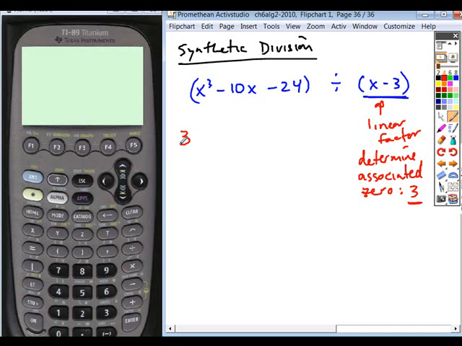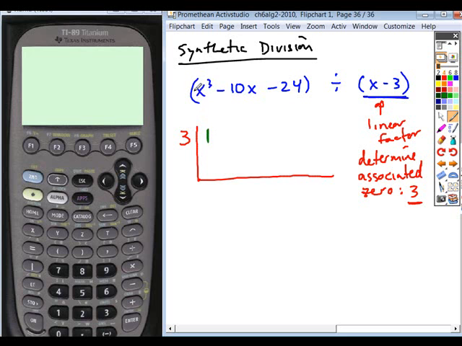And I talked a little bit about this. The way that you set up synthetic division, you take whatever that associated 0 is, and then you list your coefficients along the top row. When you list your coefficients, you have to place zeros for any degree terms that are missing. So we have our x cubed. What's the coefficient of this x cubed? 1.